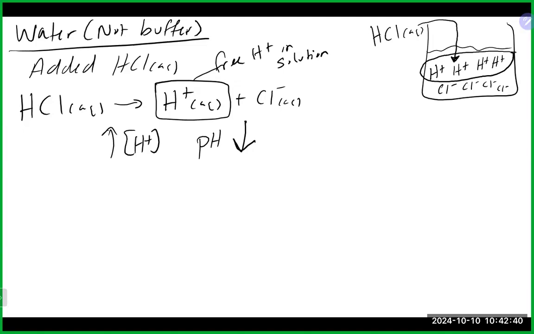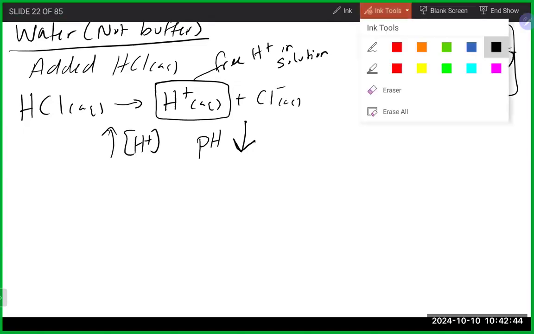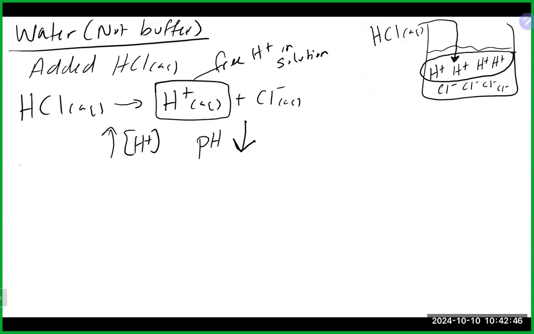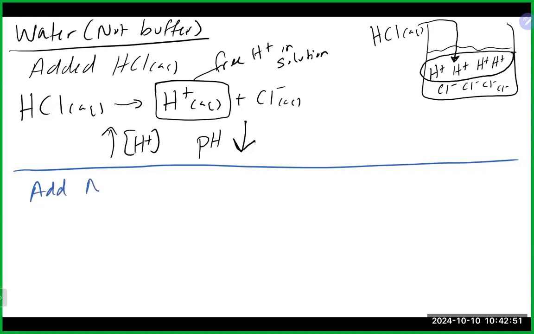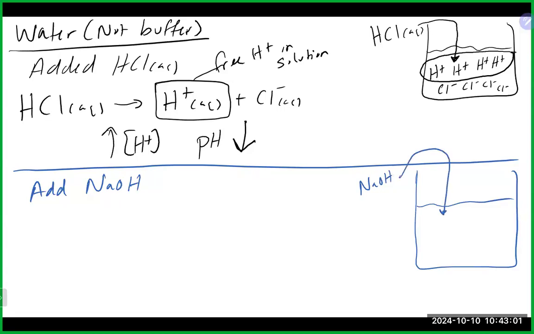Question on that. So what happens if we take water and not add a strong acid to it, but we add a base to it? So we add, say, something like sodium hydroxide to it. Same idea here. We have our little beaker here, water. We're going to take some sodium hydroxide. It's going to go for a swim.